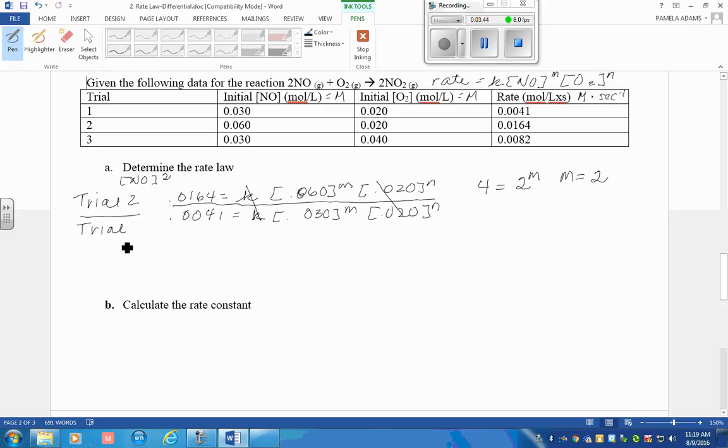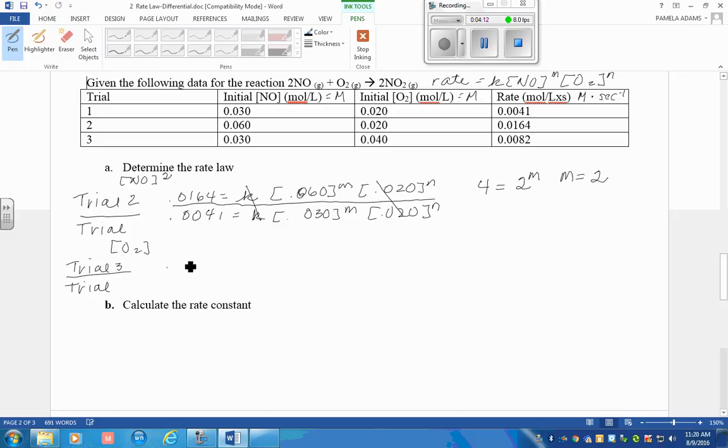Now to find the order of O2, I need to look at my experiment again, and I want to make sure that NO concentration doesn't change. So I can look to see how O2 concentration affects the rate. And this time I will choose trial 3 over trial 1.